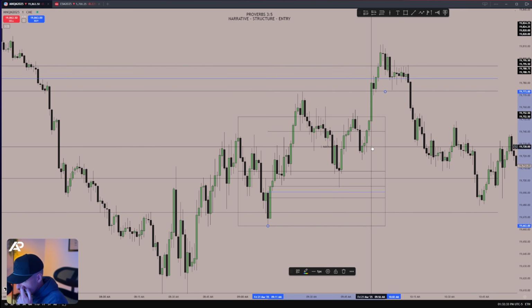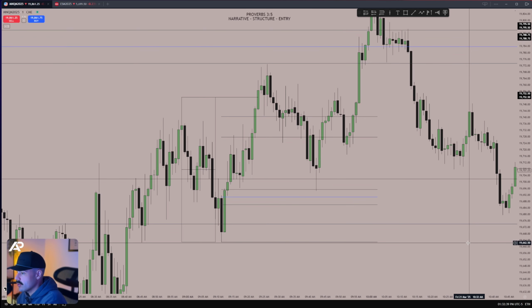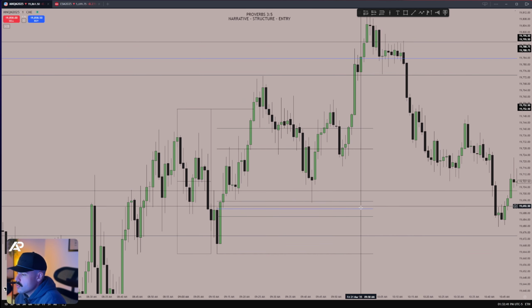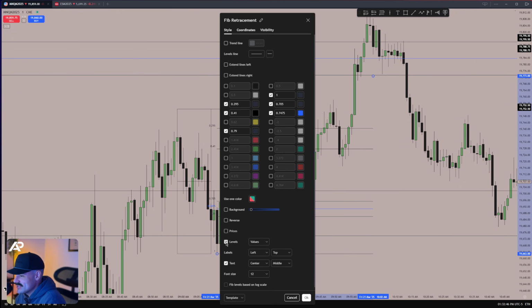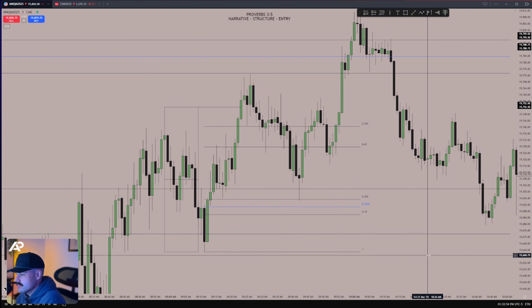So let's delete this for now. Let's just drag this over. I just don't want too much stuff on my chart. I don't want y'all to get confused, right? So obviously for this example, I will plop these up because there's a lot going on here. Okay. So if we look at this, what do we notice?